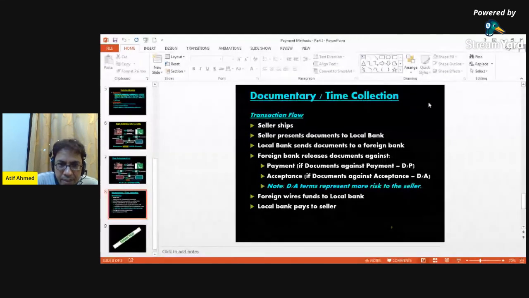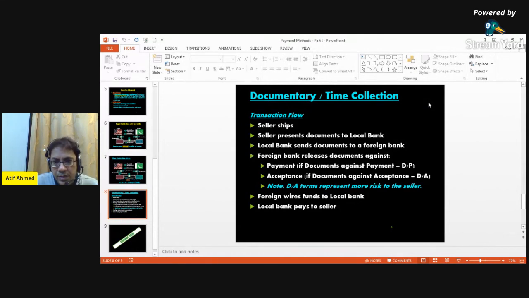In DP, payment is made against the documents. And if the DA term is there, then acceptance, I mean the promissory note, is taken with the buyer's signature, and that is an undertaking that the buyer is going to pay the amount within 30, 60, 90, or 120 days, as agreed upon between the buyer and the seller according to the sales agreement.